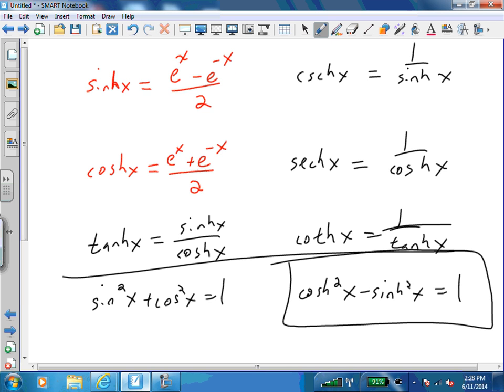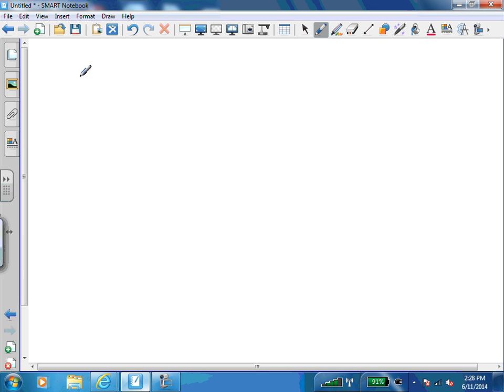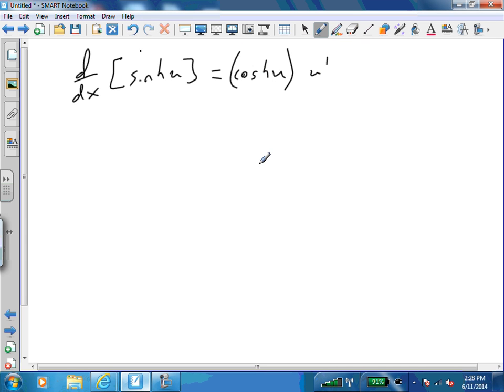But I guess what we really want to know is the derivatives. The derivative of hyperbolic sine is hyperbolic cosine times u prime, which is just like the regular trig function. The derivative of sine is cosine.